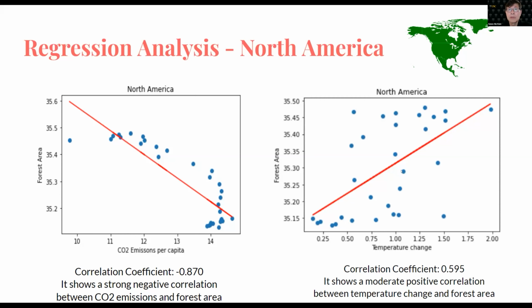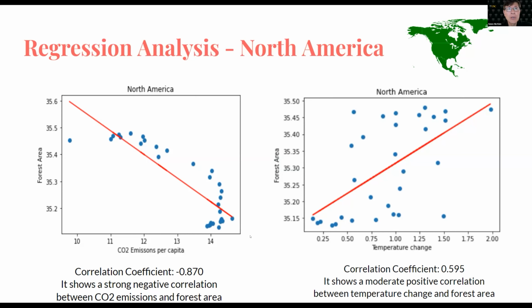Okay, so what about this? And then CO2 emissions per capita. And my question is, why is the x-axis CO2 emissions per capita and the y-axis forest area?